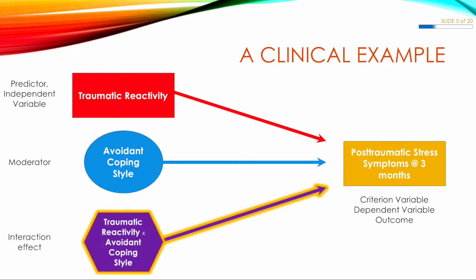In other words, the tendency to avoid thinking about or discussing a traumatic event made it more likely that an individual would experience post-traumatic stress symptoms later. So the avoidant coping style moderated the relationship between the stressor and the subsequent symptoms. By avoiding dealing with one's symptoms, the symptoms actually worsened.